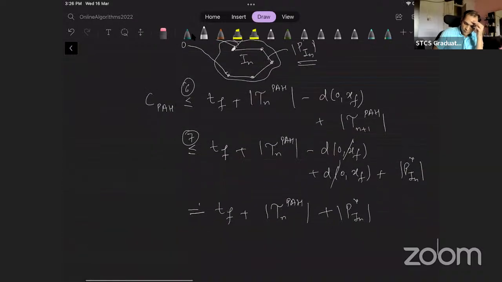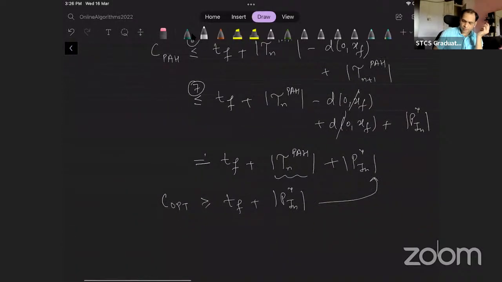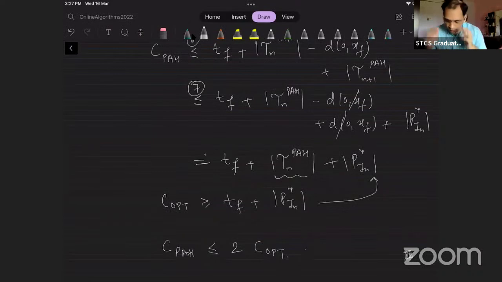And remember, we showed a few minutes ago that OPT is at least TF plus PIN star. So combining this with this, and knowing that this is always less than or equal to TOPT, CPAH is less than 2 times OPT. And we are done. Questions?